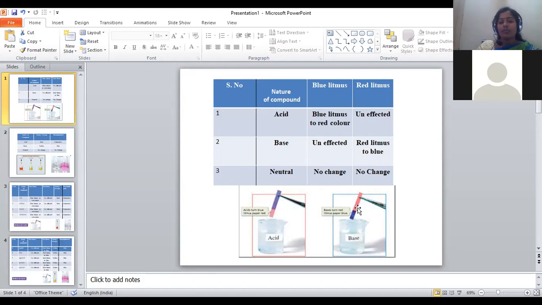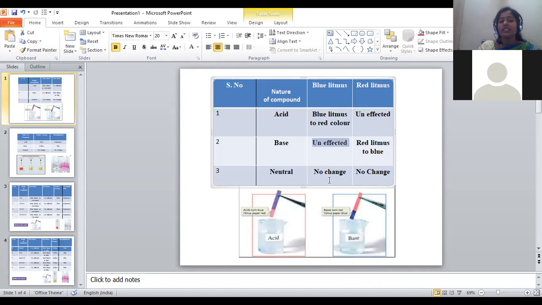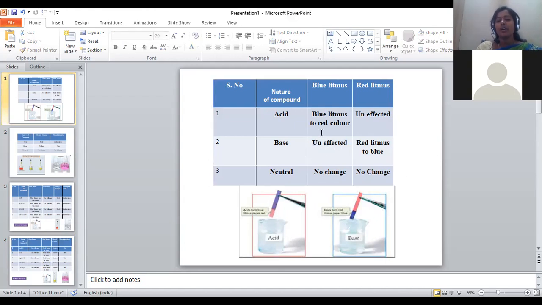But when blue litmus is taken and dipped, it will not be affected. What's the reason? Already it is in blue color. Under basic conditions, litmus again turns blue. That's why there is no change in its color. Blue litmus color change is not observed. Only red litmus turns blue when dipped into basic solution, right? So in this way, acid and base can be determined.